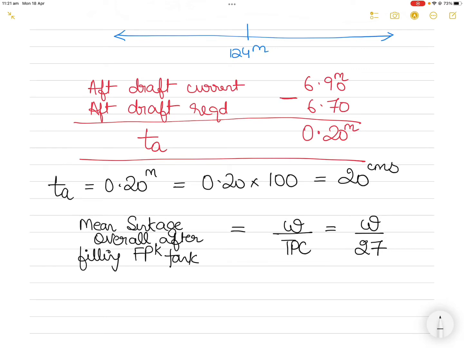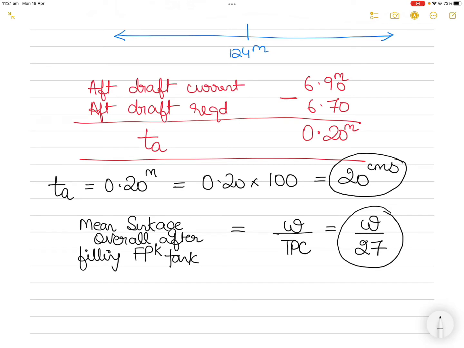So not only do I need to lighten the vessel, but I also need to be aware that this is going to cause an overall sinkage of the vessel, both aft and forward. All right, so that means the change in the trim aft that is required is not only 20 centimeters.